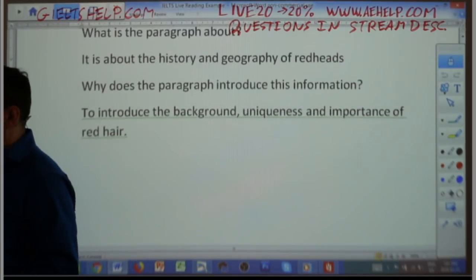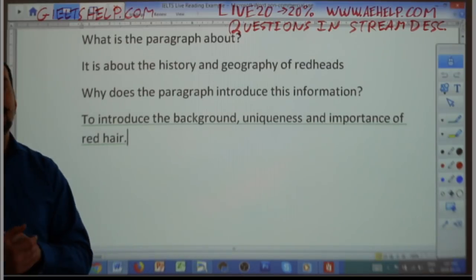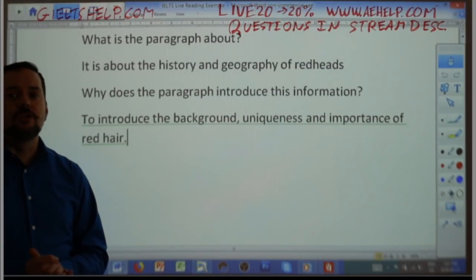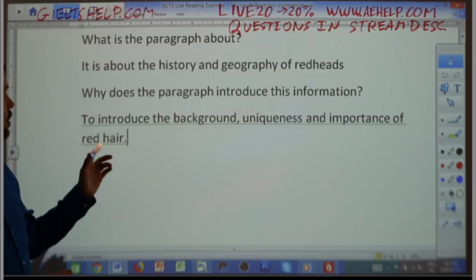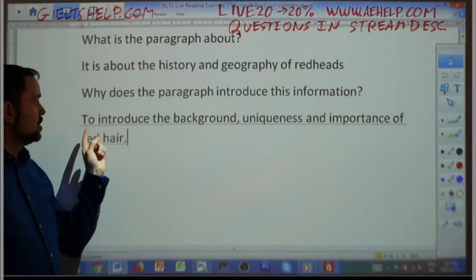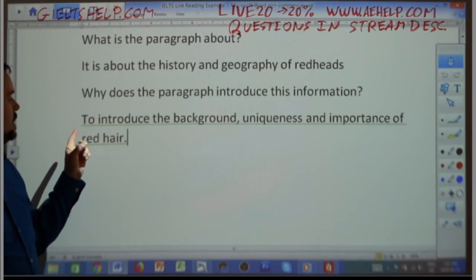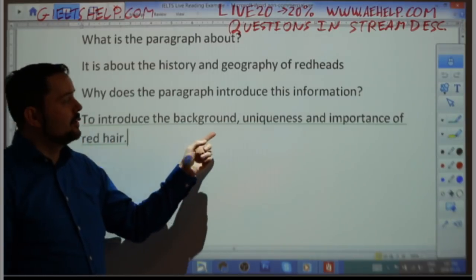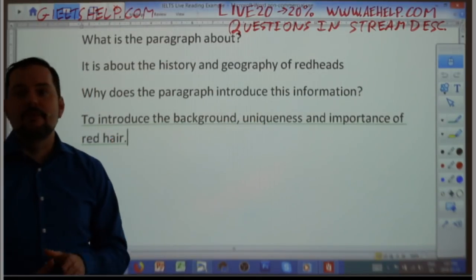So again, practicing this at home, you should get as quick as I am here, and you should be as detailed as I am here. So you can get all of this information. Why does the paragraph introduce it? To introduce the background, uniqueness, and importance of red hair.